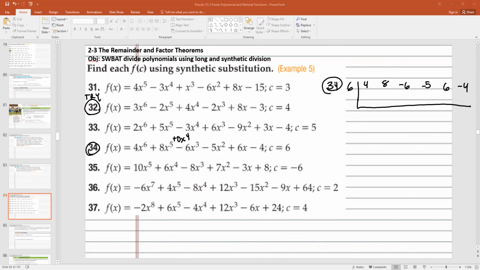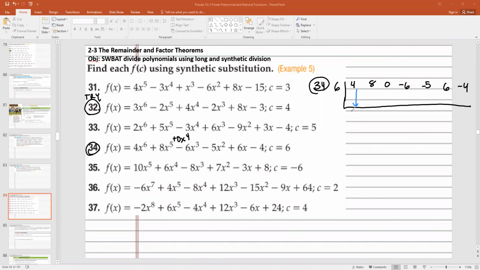Remember, there's that x to the fourth. That's the zero. All right. So I'm going to move this over here a little bit. All right, and here we go.